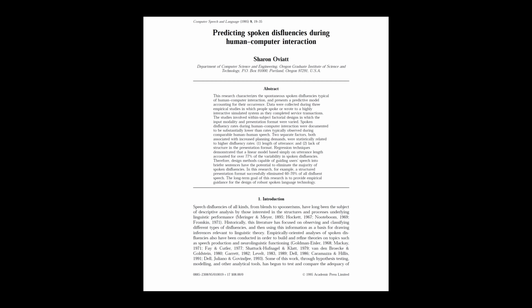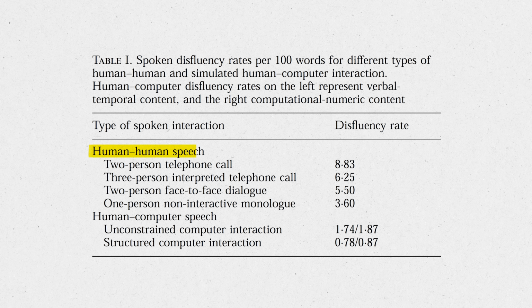In fact, let's find out exactly how fluent native speakers are. Research shows that in a conversation, native speakers produce around 6 disfluencies per 100 words. That's approximately 1 disfluency every 5 seconds. That's right.